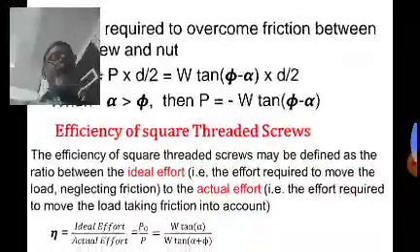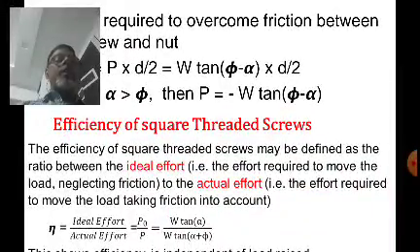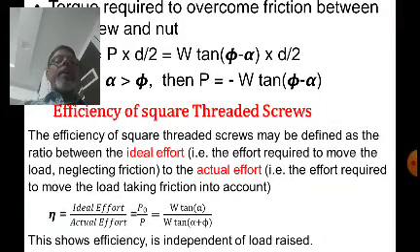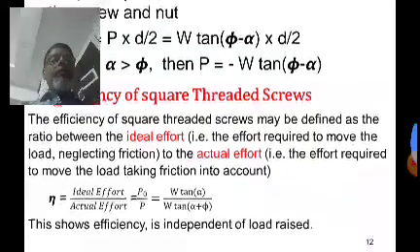Now what is the efficiency of the square threaded screw? How to find out the efficiency? Efficiency of the square threaded screw may be defined as the ratio between the ideal effort and the actual effort. Now ideal effort means there is no friction, so the friction angle phi is 0.